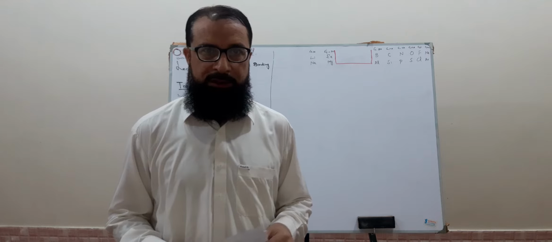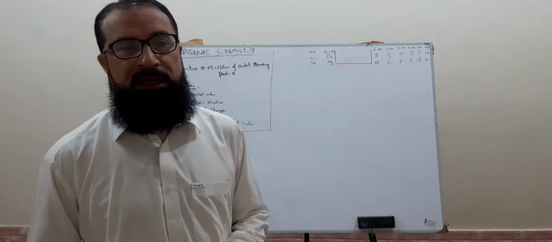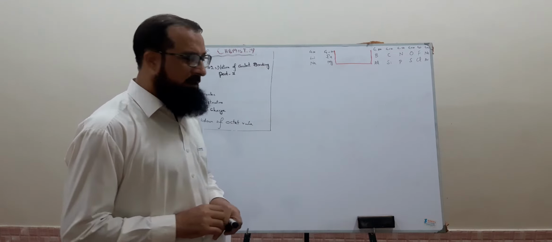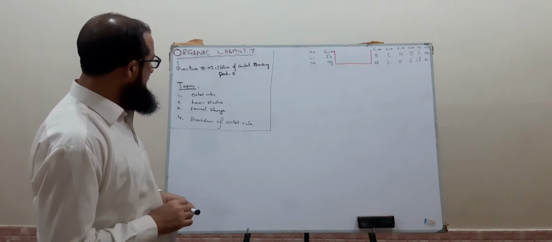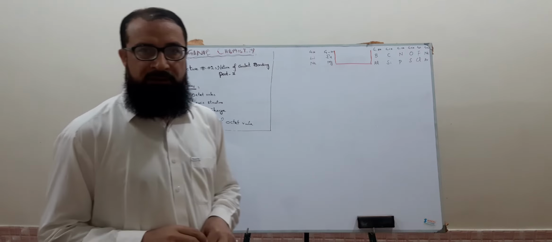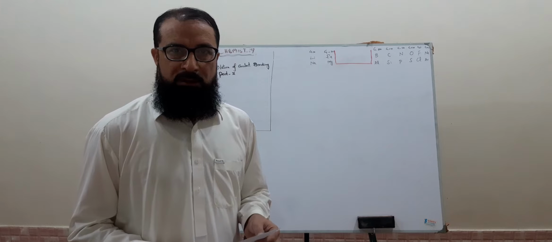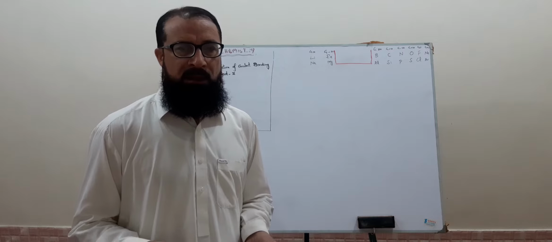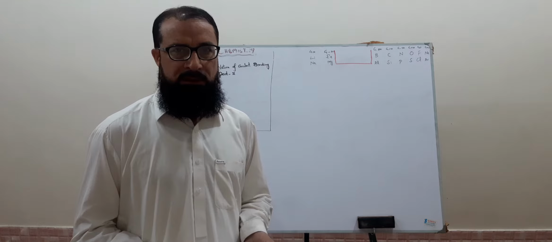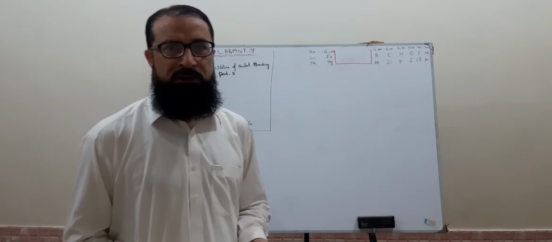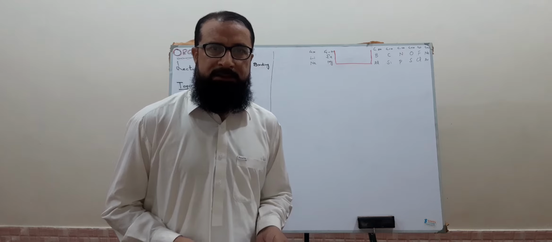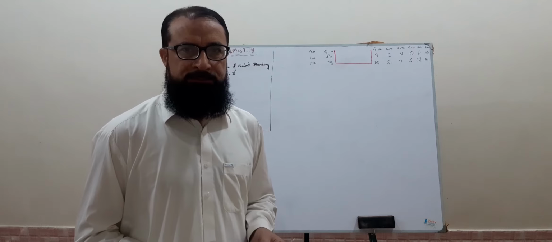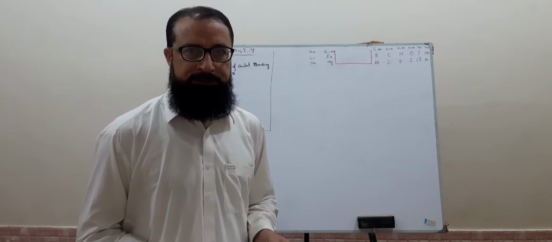Dear students, good morning. Today is our second lecture in organic chemistry, and this lecture is about the nature of covalent bonding, part 2. As we already discussed in the first lecture about the atomic structure, different atomic models, atomic orbitals, molecular orbitals, and the electronic configuration according to certain rules.